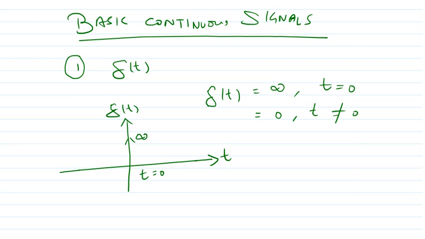We can see from this diagram, for t equals 0 the amplitude tends to infinity, and for the rest of the values it is 0. There is another definition for this unit impulse: if we integrate delta(t) dt from minus infinity to plus infinity, the area should be equal to 1.